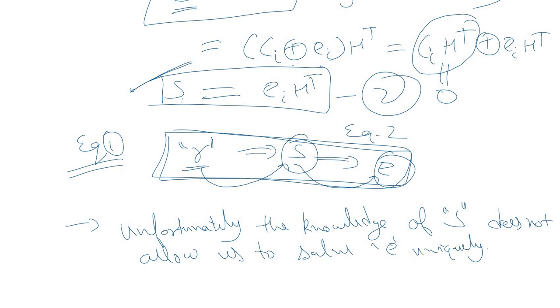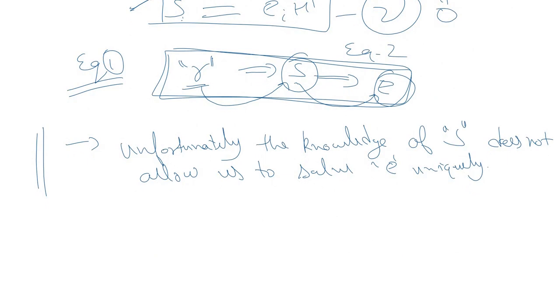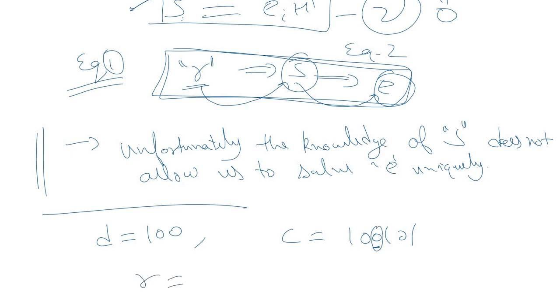Okay, and I'll show you this by an example. Let us take the same example that we did in the previous lecture, that for a data word D 100, the corresponding code word is 100101. And if detection error is caused in the third digit, then the received word R will be 101101.